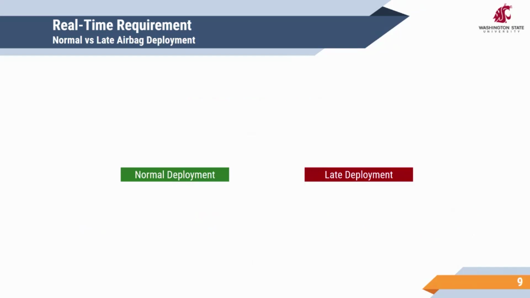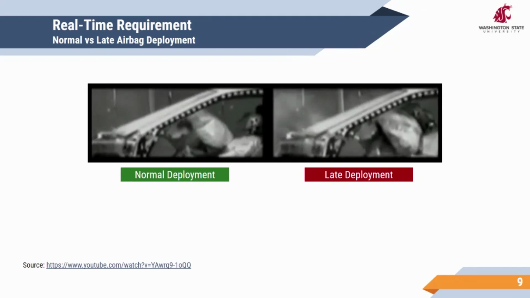Let me give another example. In this case, we are showing one example of airbag deployment in a car. On the left side of the screen, it shows the normal deployment, what it's supposed to be in practice, and the right side of the screen shows what happens if for some reason the airbag deployment process is delayed.